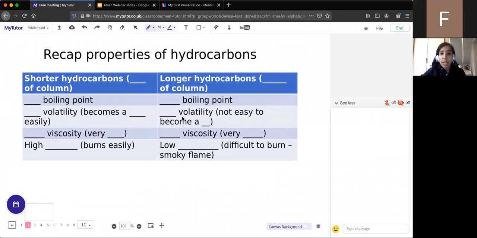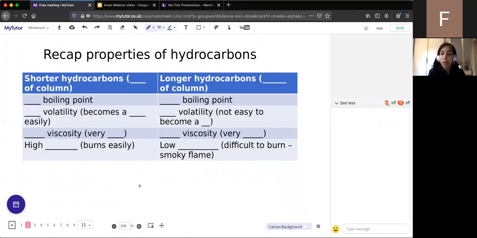So just as a recap of what we covered on Monday, we looked at the process of fractional distillation, and this is a really key table of all the properties that we need to know about shorter and longer hydrocarbons. So I've got a bit of a fill in the gap exercise. First of all, does anyone remember when we do fractional distillation, the shorter hydrocarbons, where do they come out on the column?